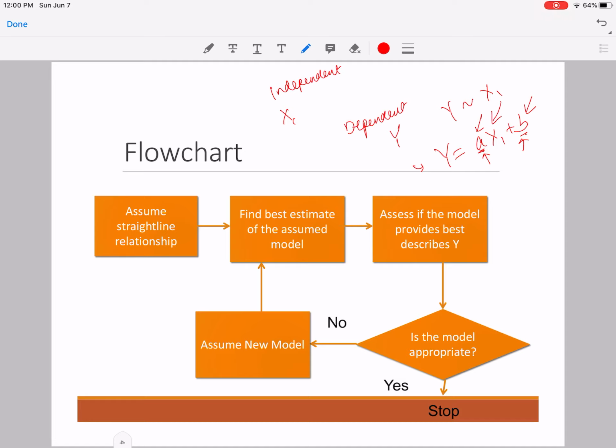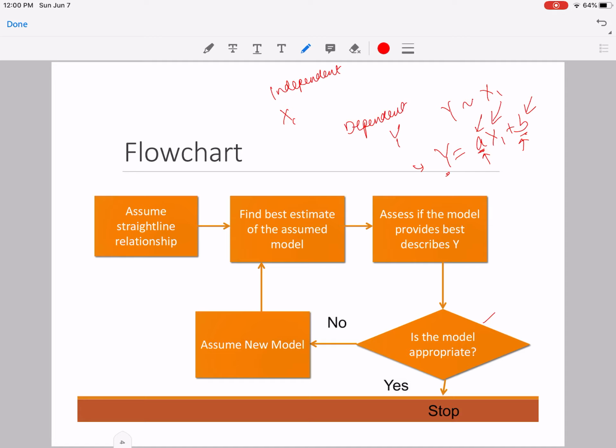After finding these regression coefficients, we'll actually check whether these regression coefficients help us satisfactorily model this random variable y, or this dependent variable y. If the model is appropriate, then we are done. If the model is not appropriate, we are going to assume a new model.